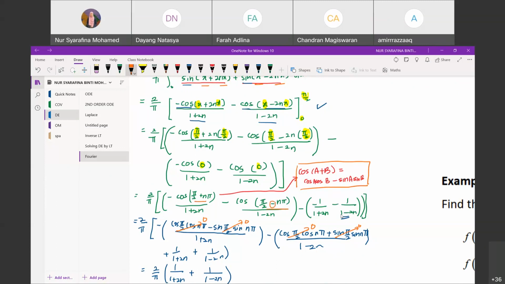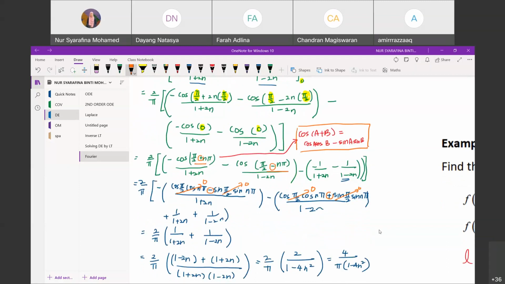Okay, the sign here refers to the sign inside the bracket. Cos pi over 2 is 0, sin n pi is 0, so what's left is this one. The rest are all zeros now.